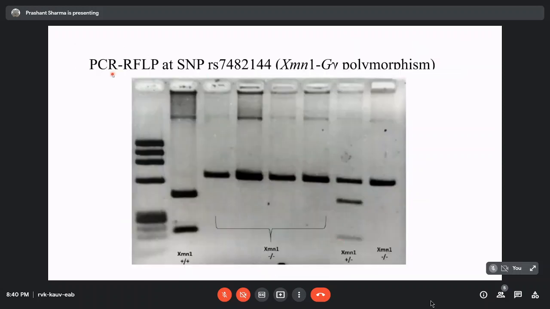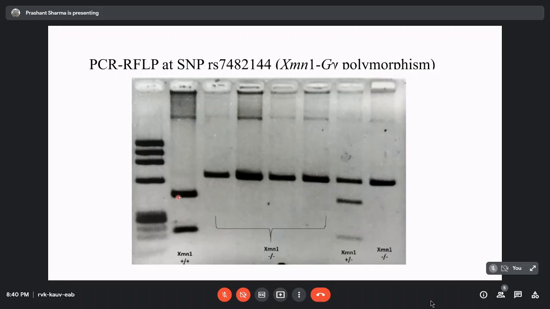And this is an example of PCR RFLP of the XMN1 G gamma polymorphism that I told you about, which influences HbF levels. The XMN1 is actually an enzyme, and in persons who have the wild type, which is the minus genotype, the enzyme is not going to cut the amplified band when we expose this band to the XMN1 restriction enzyme.